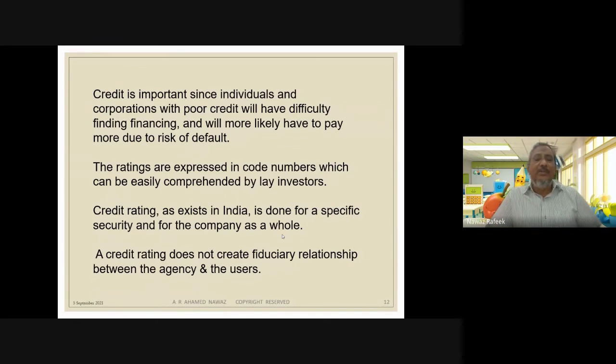So for example, two years back in 2020, one of the banks put a share issue to the market.